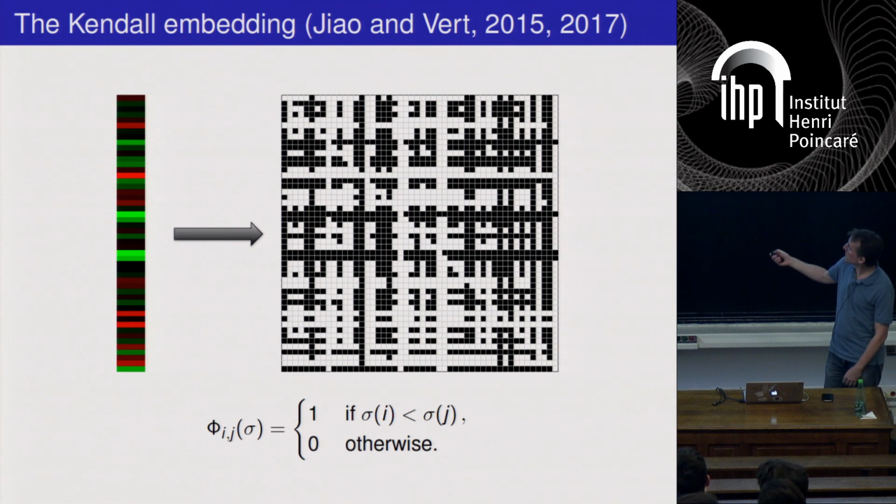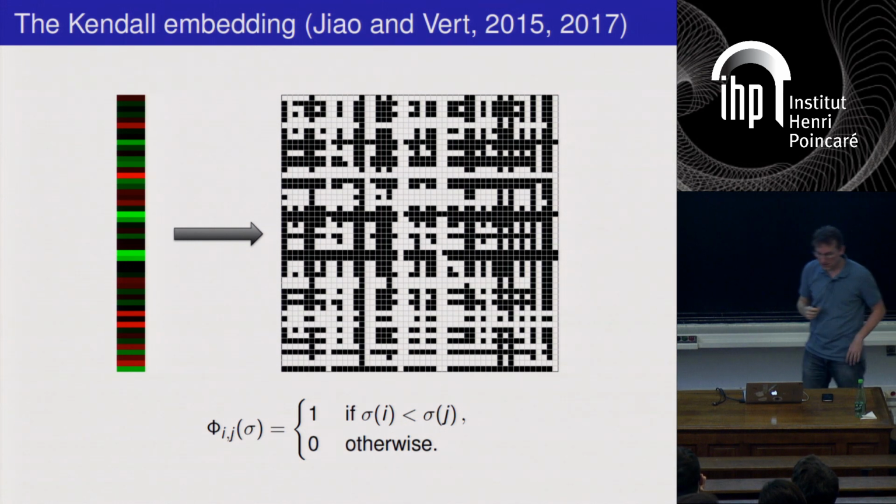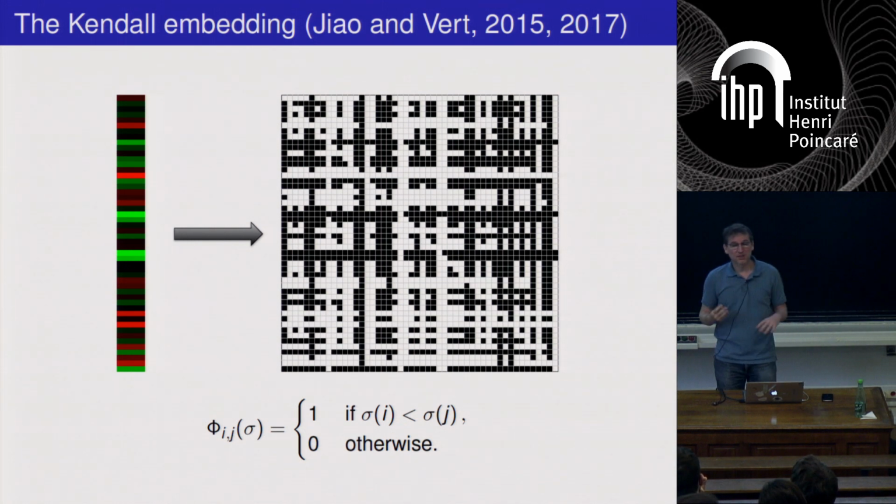And the definition is, again, very trivial. You put 1 at position ij if and only if, after permutation, sigma of i is smaller than sigma of j. Right? So instantly you see that you get more or less half 1s and half 0s up to the diagonal. So the matrix is bigger.